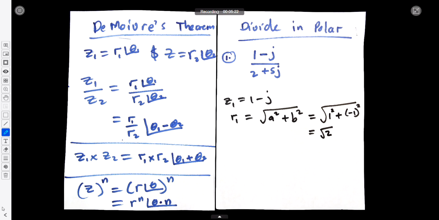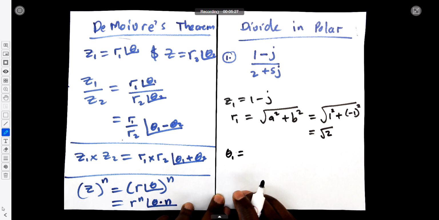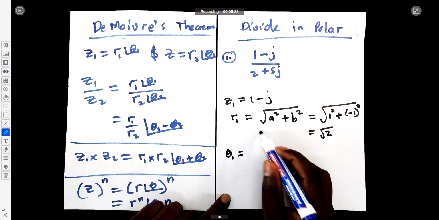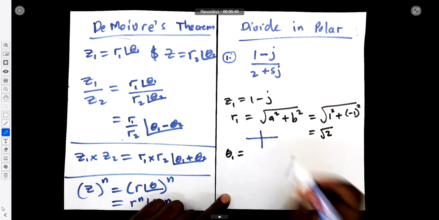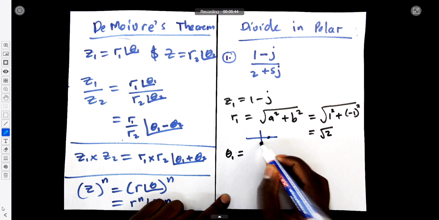So we also need to find the augment theta. So theta 1 is equal to. I should have even mentioned that you should try and plot on an Argand diagram so you can see where it lies, the angle. If I went to the right 1 unit, I went down because it's negative 1 unit.